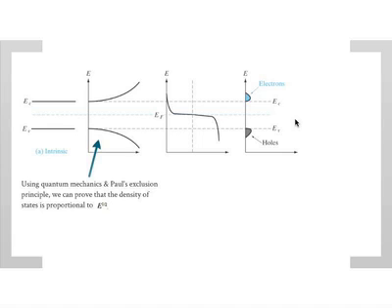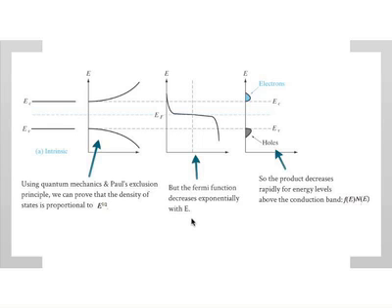So the assumptions are, as I said, using quantum mechanics and Pauli's exclusion principle, we can prove that the density of states is proportional to the square root of E, so it's roughly a parabolic distribution. The Fermi function decreases exponentially with E, so they are counterintuitive: one increases, one decreases. So they have an optimum in between, and you multiply them together.